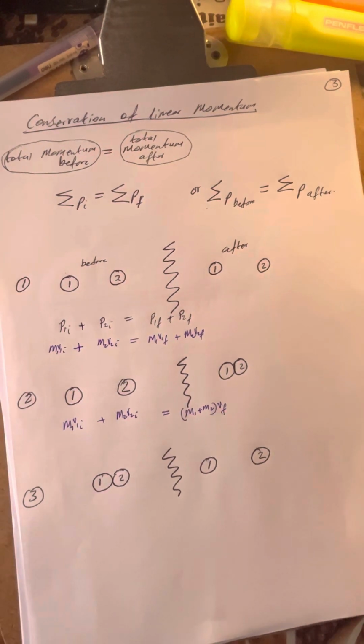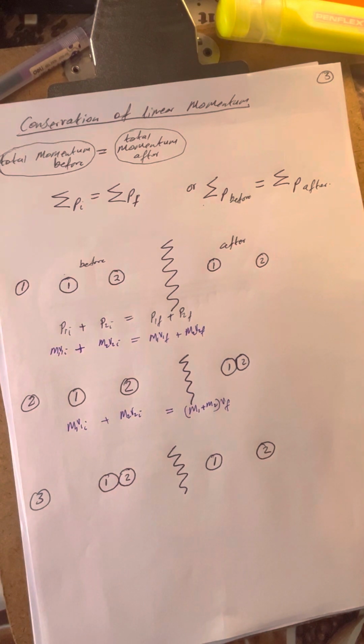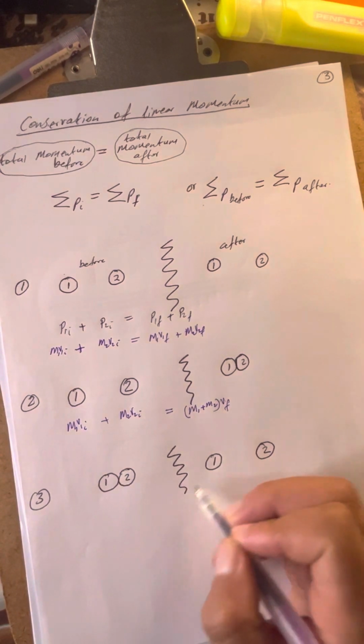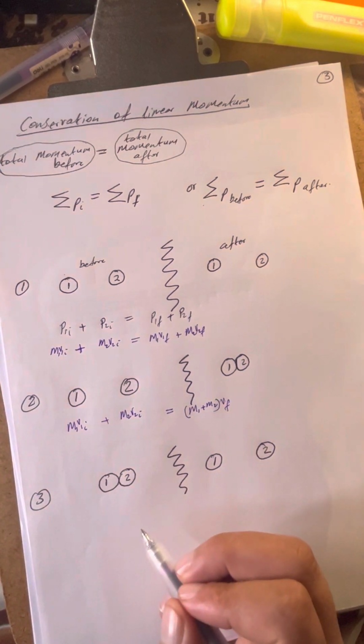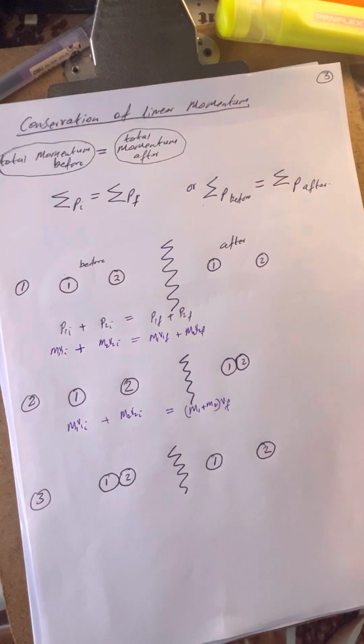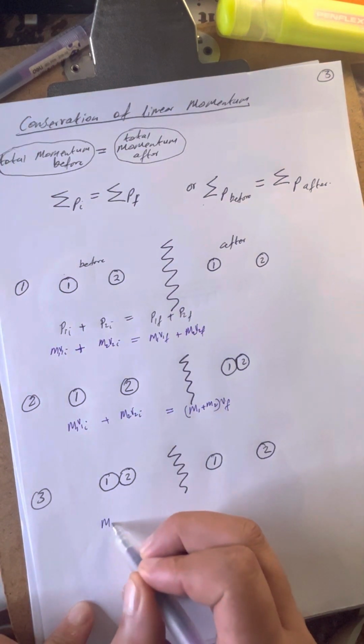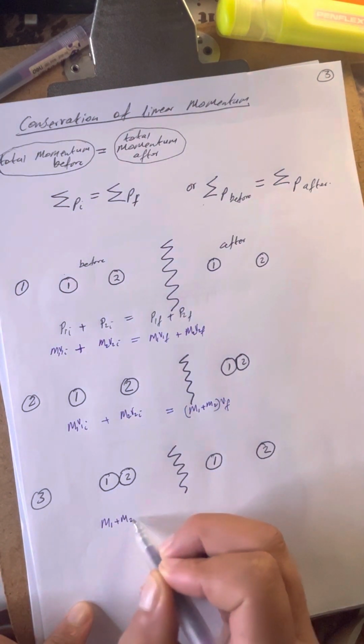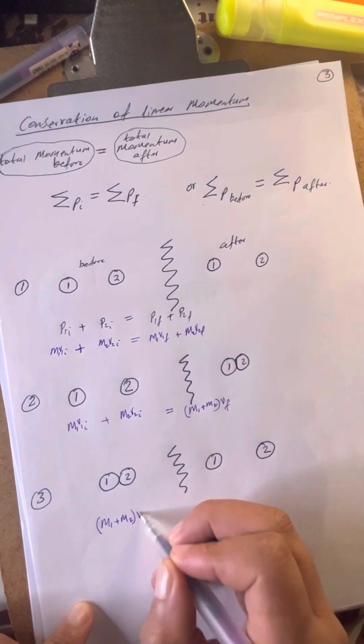Scenario number three, we have one object and it explodes into two. So we may consider the issue of a gun and a bullet in this case. The gun and the bullet are in one body. Once you fire the gun, the bullet will be moving in one direction and the gun in a different direction. So in this case, we have mass of body 1 plus mass of body 2 times the initial velocity.